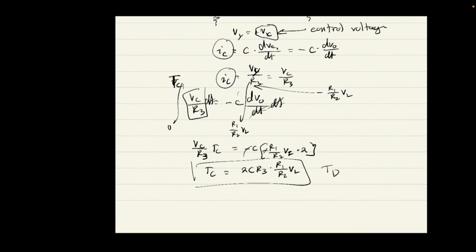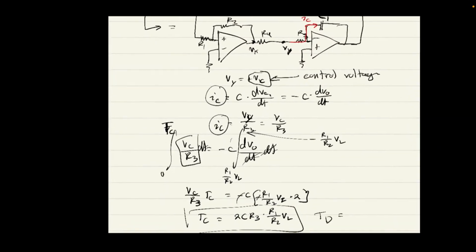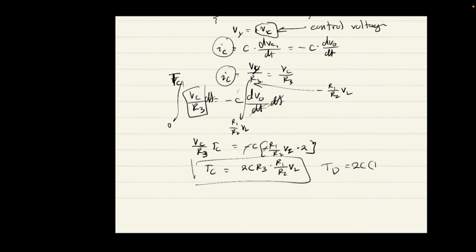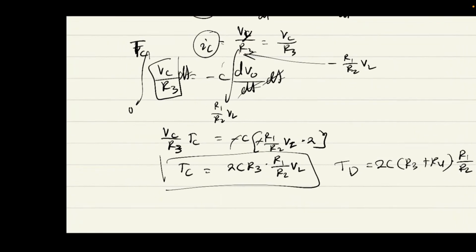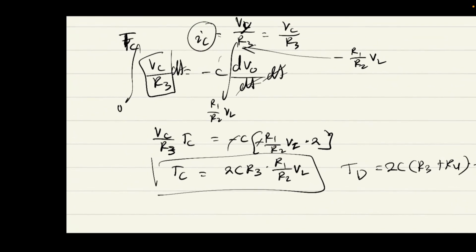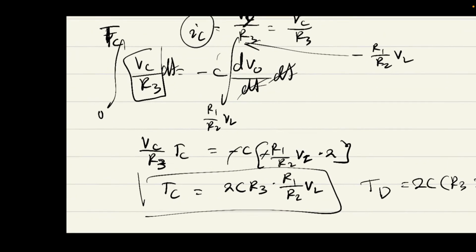Okay, so TD, which is the discharging time, is 2C times R3 plus R4 times R1 on R2. Yeah. VC over R3 TC. The VC on the other side goes to... Oh, did I miss? Hold on. Yes.